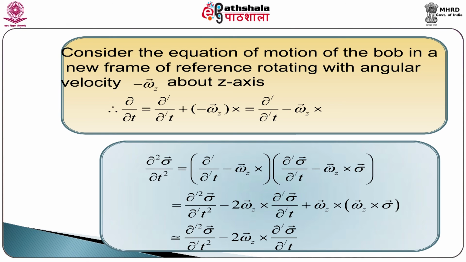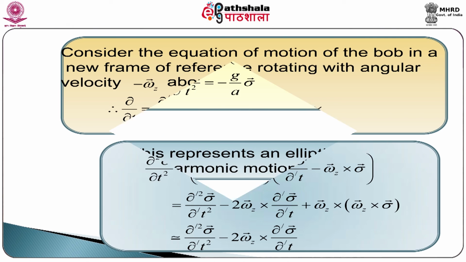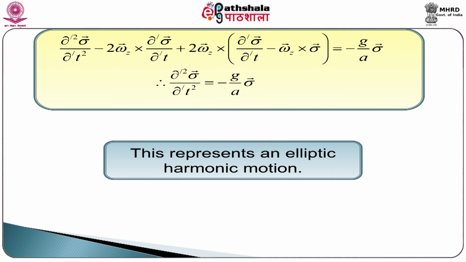Neglecting the term containing omega_z square, we get the next line. Thus, we have ∂'²σ vector/∂'t² minus 2 omega vector z cross ∂'σ vector/∂'t plus 2 omega vector z cross ∂'σ vector/∂'t minus omega vector z cross sigma vector equal to minus g divided by a into sigma vector.